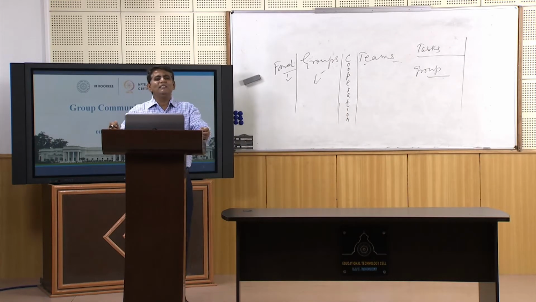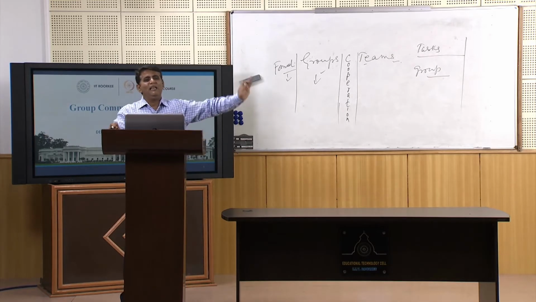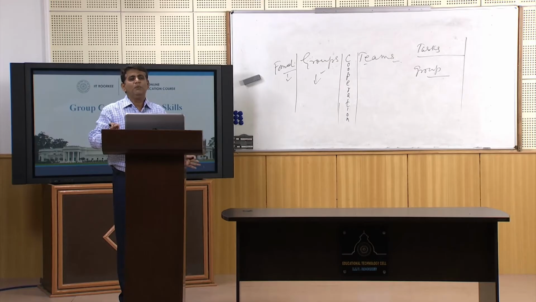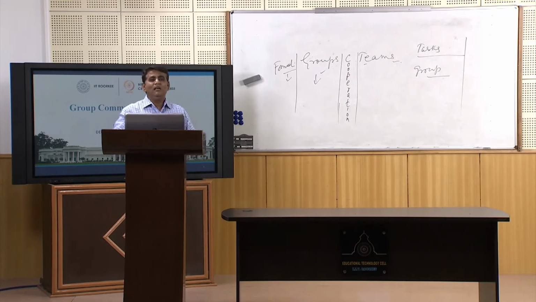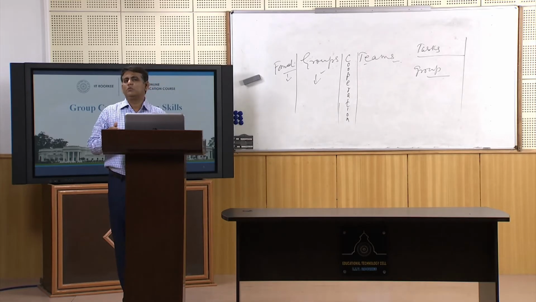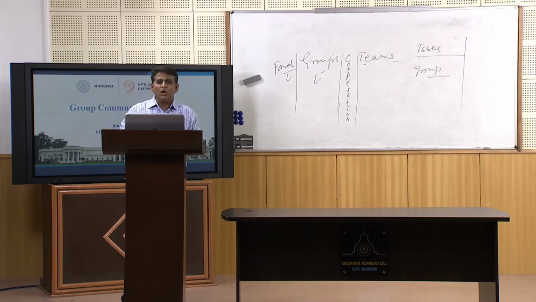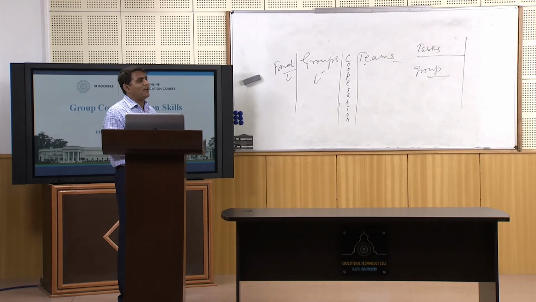Sometimes it is the informal groups that work better. In the name of formality, we divide the group, but unless the members cohere with each other informally, it is quite doubtful that it will work. So there are formal groups, and there also are informal groups.